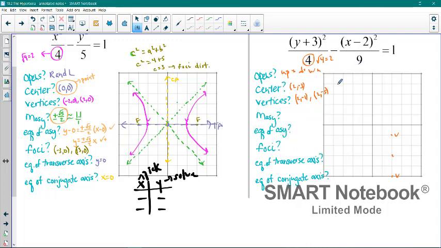The slope of my asymptotes will be positive or negative square root of the 1 under y over square root of the 1 under x, 2/3. So I will go up to the right 3, sketching that in, and then I will go up to the left 3, sketching that in.